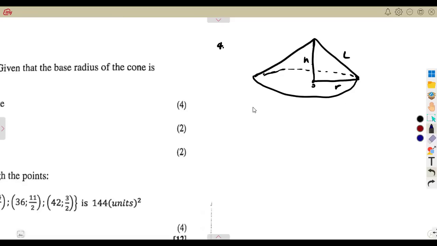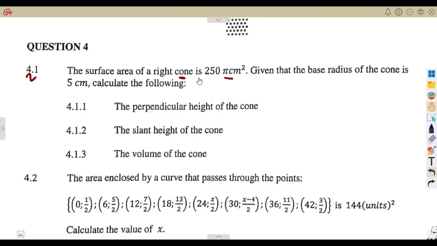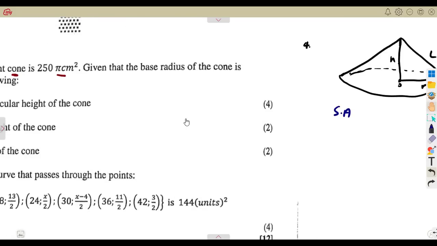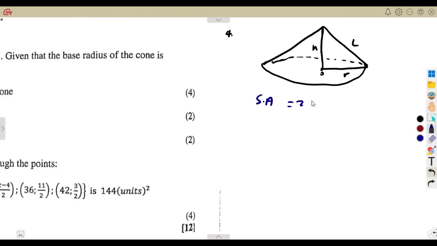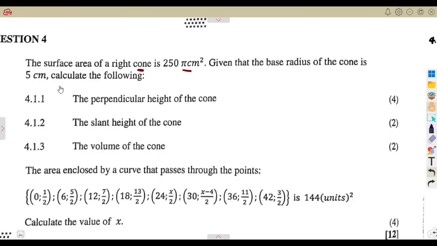So we are given the surface area in this case, which is the surface area of the right cone is 250 pi square centimeters. And we are also given that the base radius of the cone is 5 centimeters.